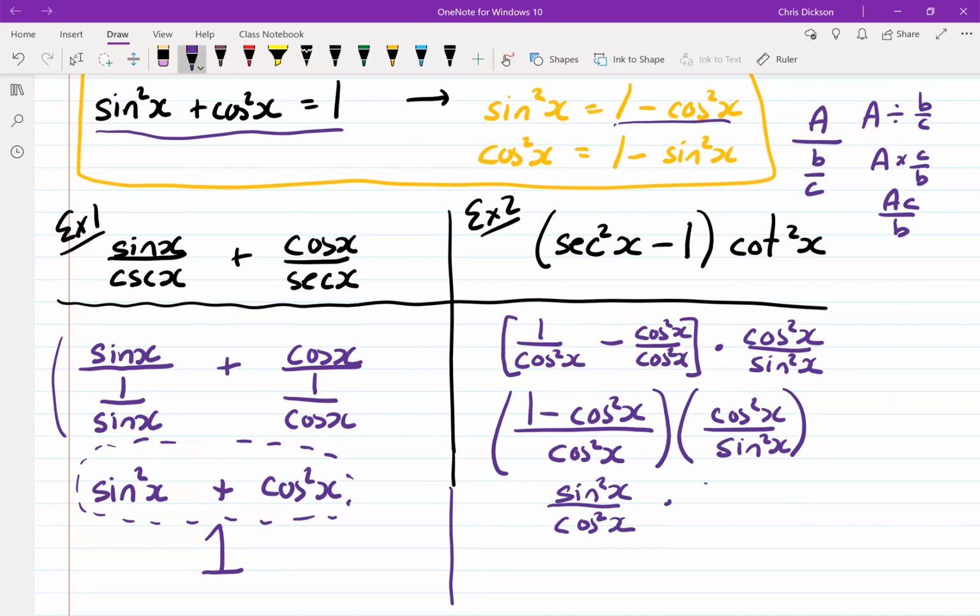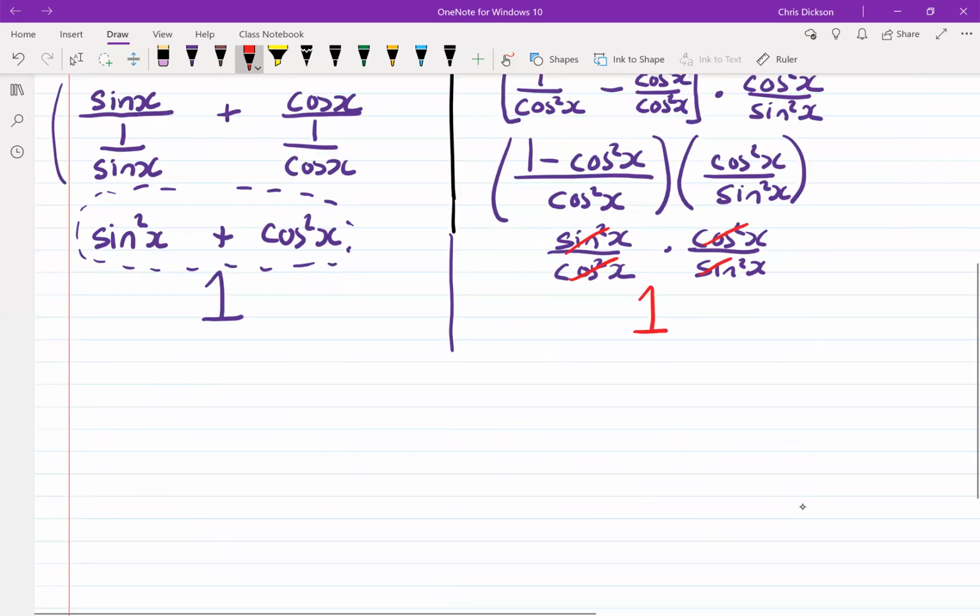And I'm timesing that by cos squared of x over sine squared of x. So these are going to cancel for us. So cos squared x, sine squared x, and we get 1. Now, I just chose those 2 questions at random, so I don't want you to get the sense that they always equal 1. They don't always equal 1, but it's just fortuitous that it happened here.